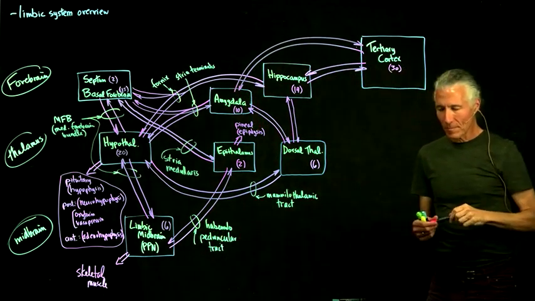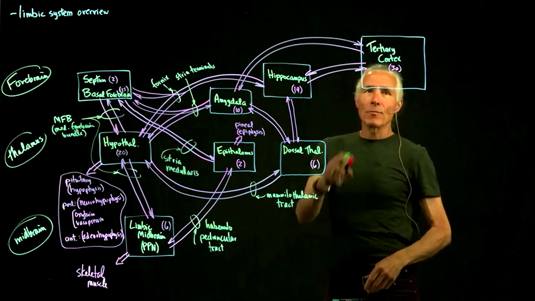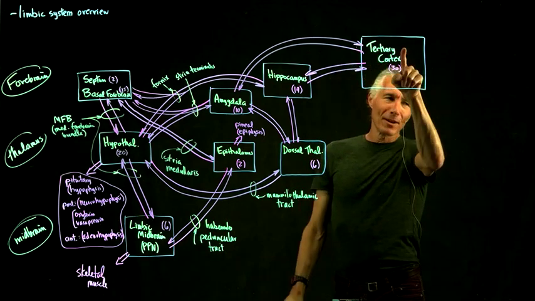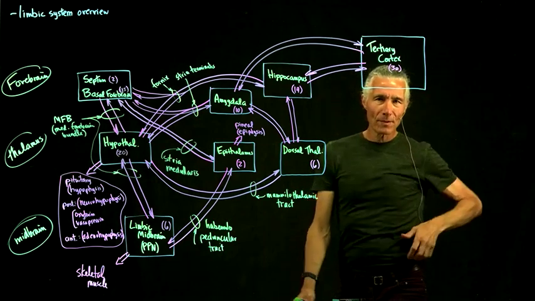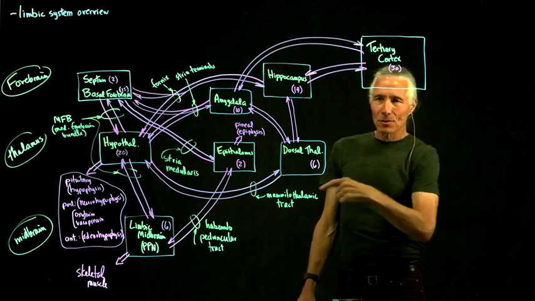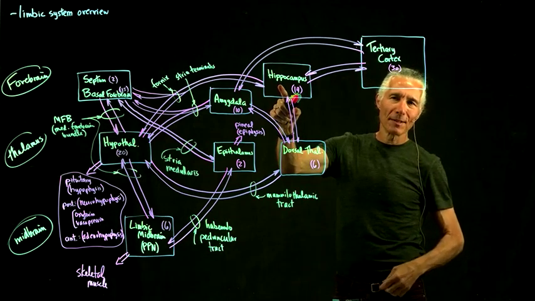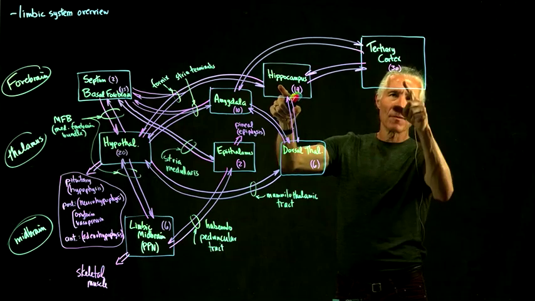So if you look at something like a rat, it's even primary cortex that goes into the hippocampus. So V1, primary visual cortex in a rat, goes straight to entorhinal cortex, which is part of the hippocampus, sort of one-stop shopping. It's not a big projection, but there's definitely a projection from primary visual cortex.